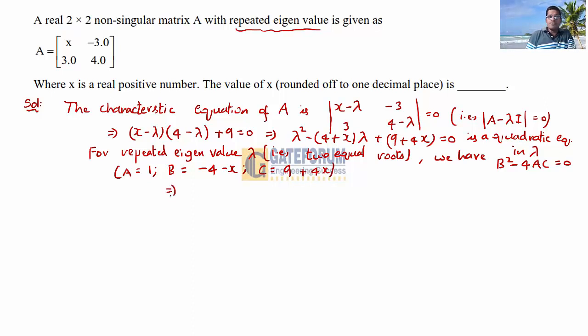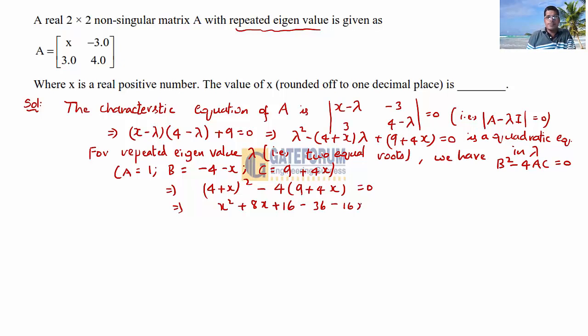Now simplifying, b square is 4 plus x whole square minus 4 into 1 into 9 plus 4x equal to 0. Expanding a square plus 2ab plus b square, minus 36 minus 16x equal to 0, which implies x square minus 8x minus 20 equal to 0.